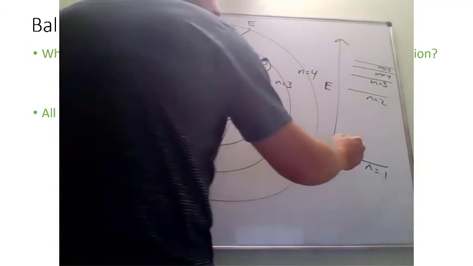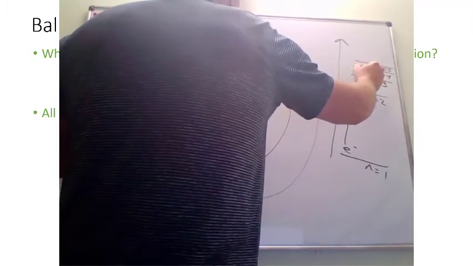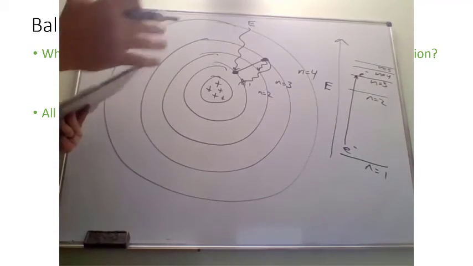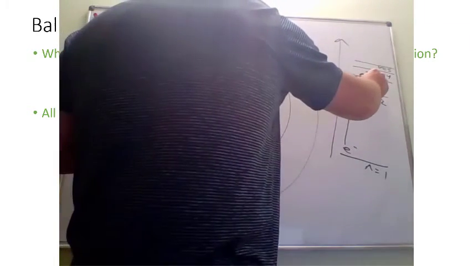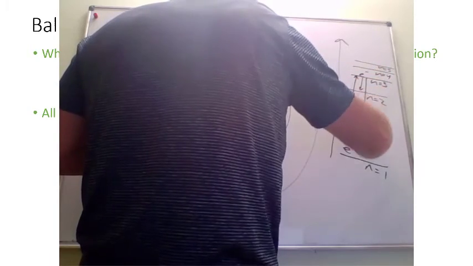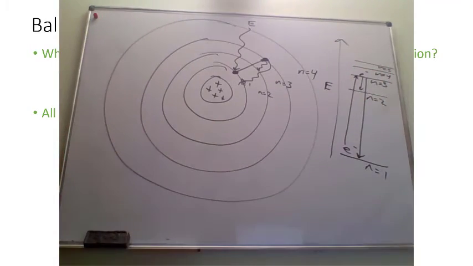Okay? And so the m and n numbers in the Balmer-Rydberg equation talk about electrons moving between these specific whole number integer energy levels.